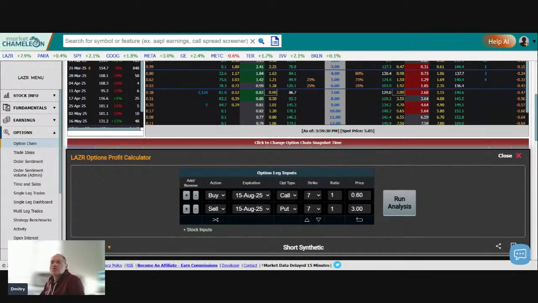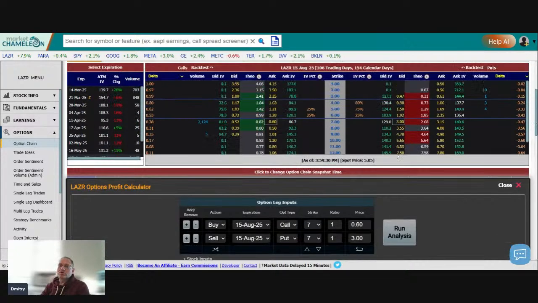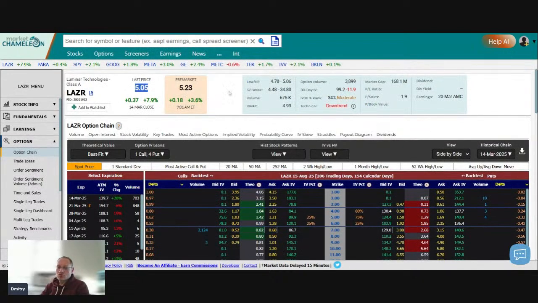Okay, so think of it as $7 minus 3, 4, plus 60 cents, 4.60, with the stock price at 5.05. So you can see there it's a 45-cent discount, because you bought the call and sold the put.